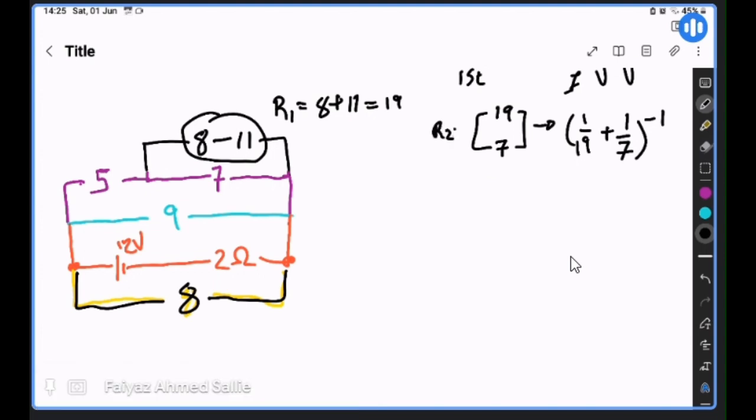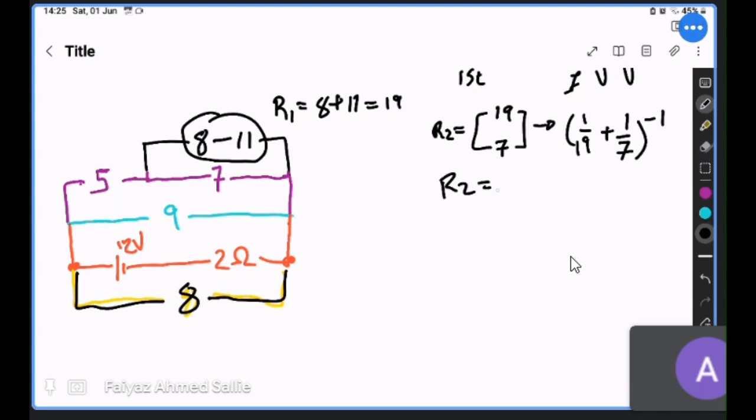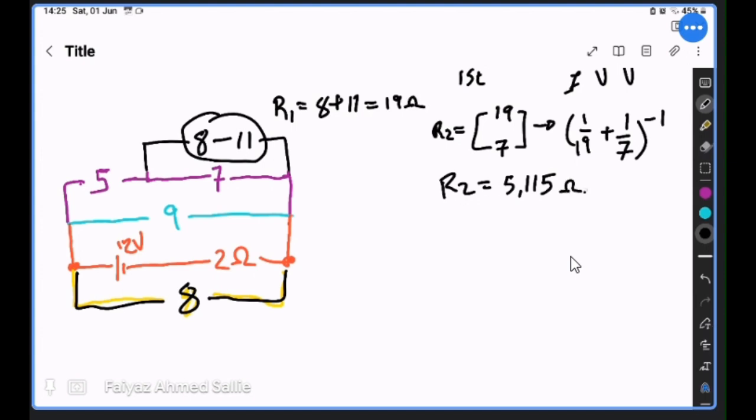Then resistor 2 is equal to 5,115. So resistor 2 is equal to 5,115.